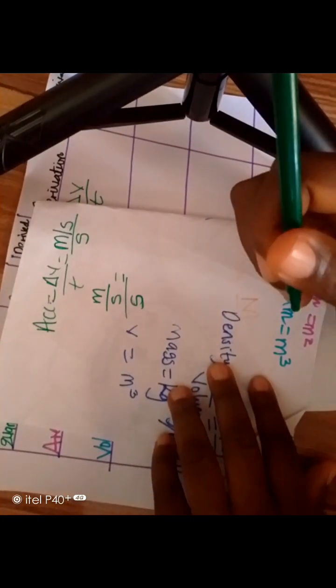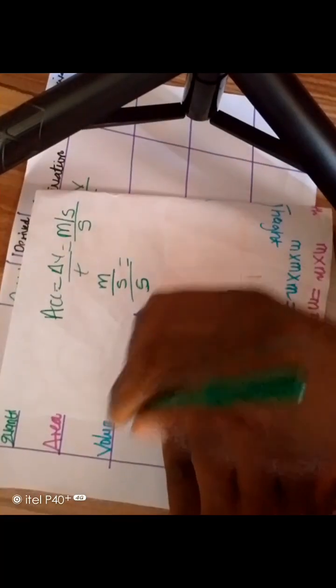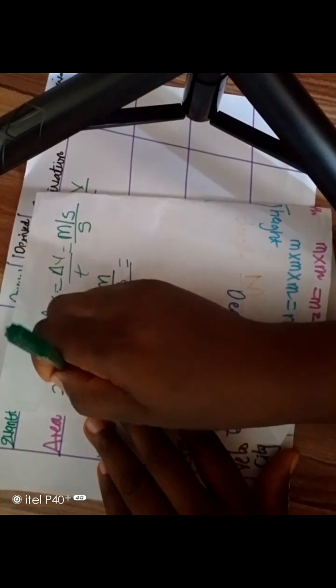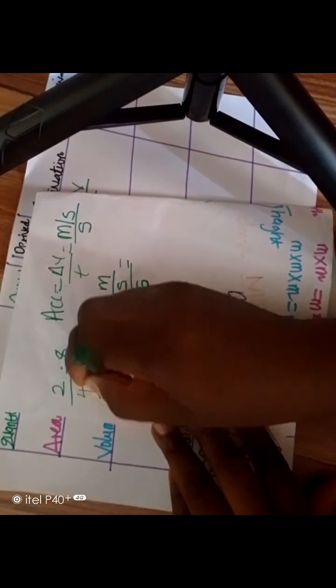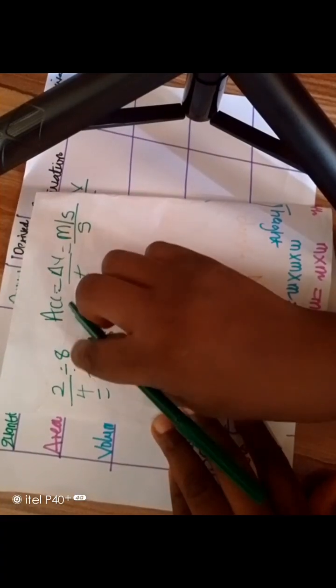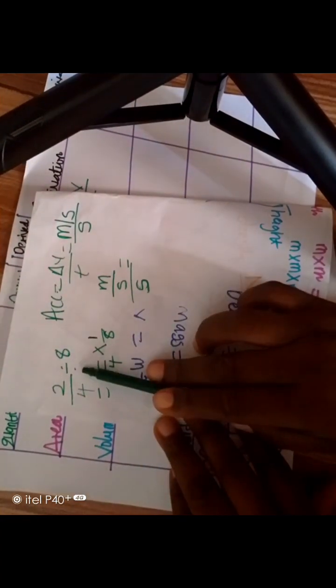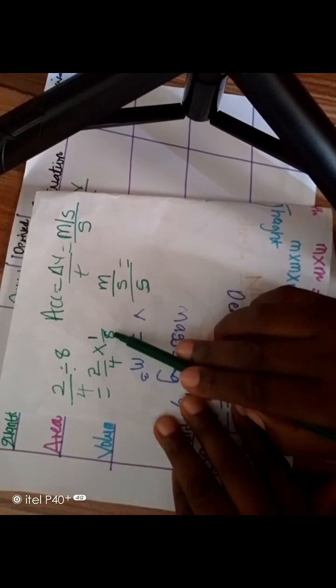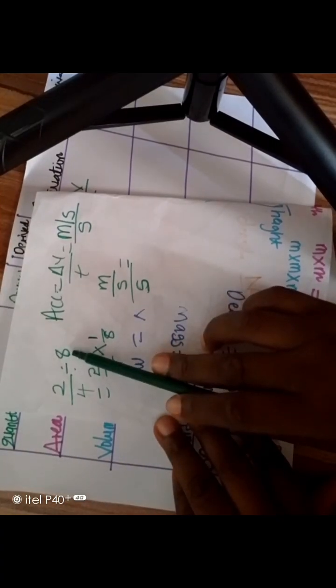According to our mathematical rule again, if you are given 2 over 4 divided by 8, it is the same as 2 over 4 times 1 over 8. You take the reciprocal. This division will change to times and it becomes 1 over 8, a reciprocal of this.